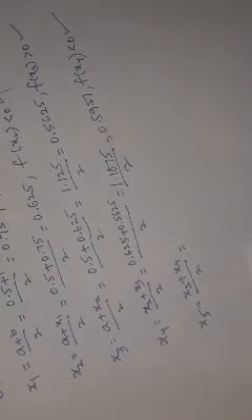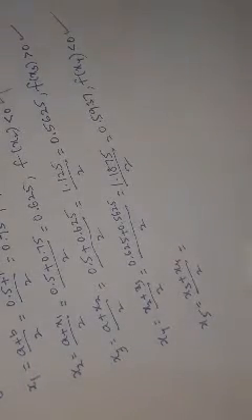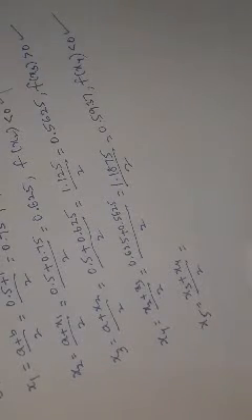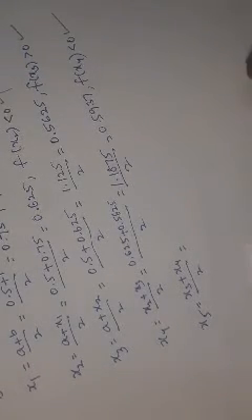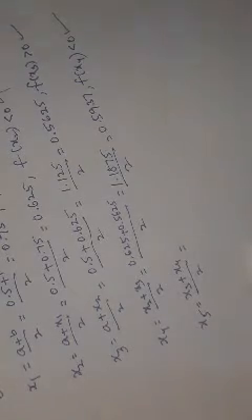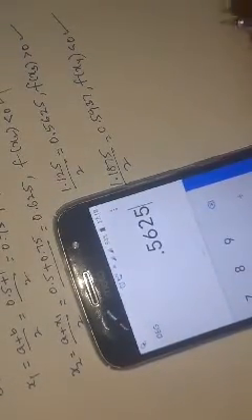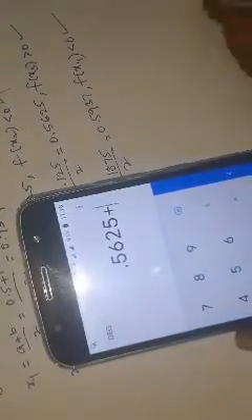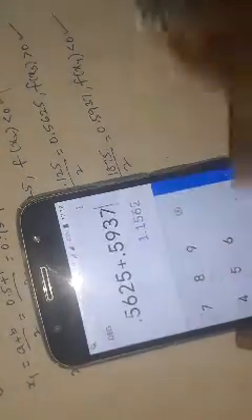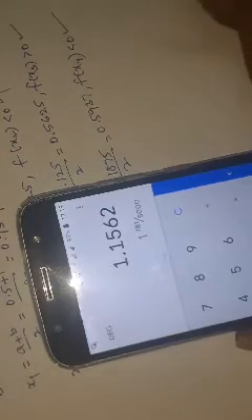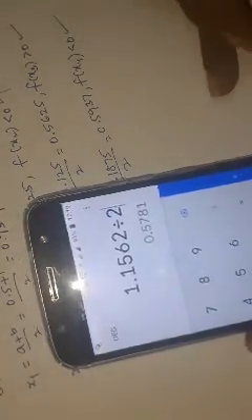So what is x3 plus x4 by 2? x3 is 0.5625 plus x4 is 0.5937, divided by 2, gives 0.5781.